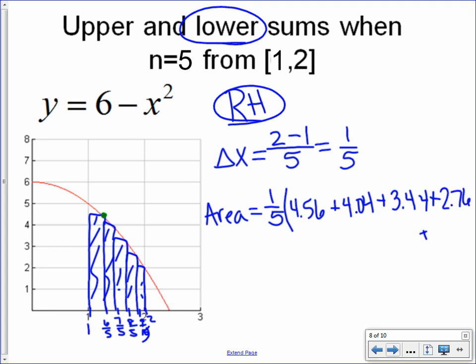Plus, our last rectangle has height when x is 2. So we can add those up and multiply by 1/5. This is only for the lower one, right? This is our under approximation. But the next one's going to go lickety split because we've already done this one.